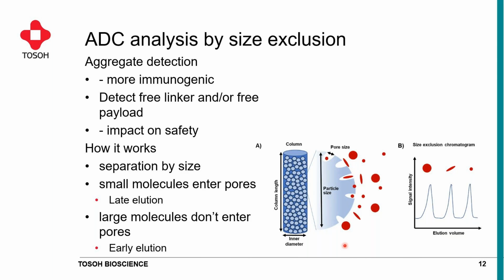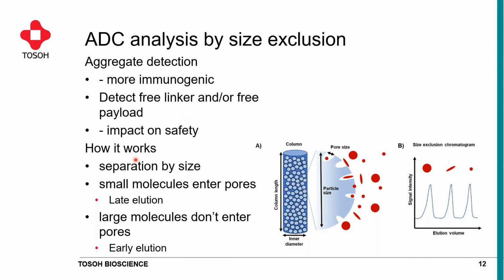But we may also find molecules that are smaller than our ADC, for instance, the free linker or the free payload or the free payload plus linker. And all of this has an impact on the safety of the therapeutic sample we are looking at.